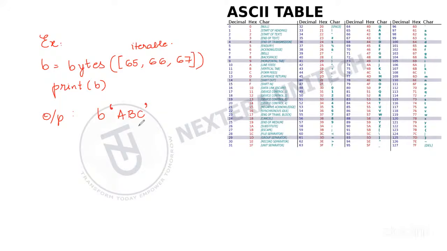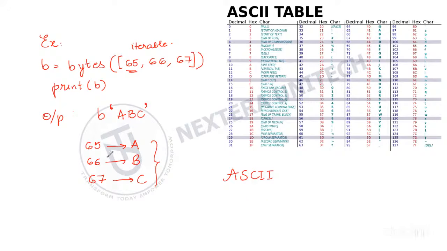Why is this? Because internally 65 is mapped to the character A, 66 is mapped to B, and 67 is mapped to C. These mappings occur in a system called ASCII.